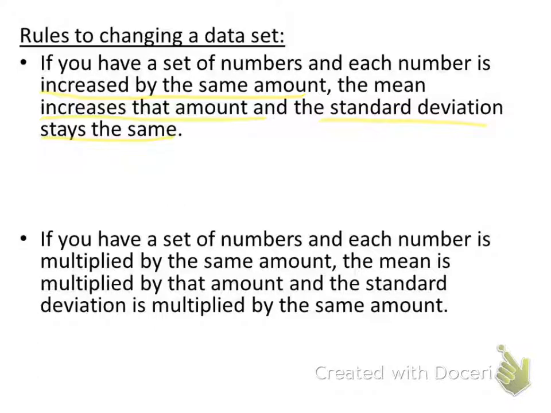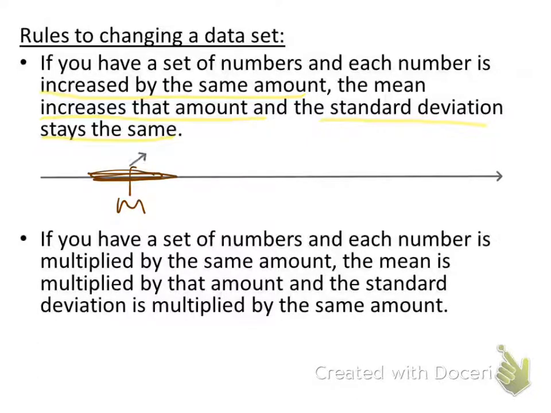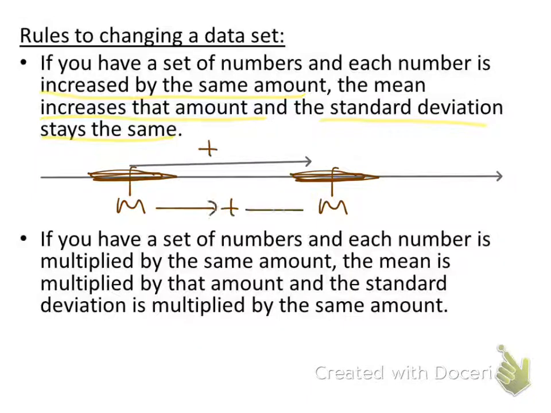So kind of like what we talked about, if we have our values and a mean, we could shift it to a new spot, but it doesn't change how far apart the values are, so the mean increases that amount, but the standard deviation stays the same.